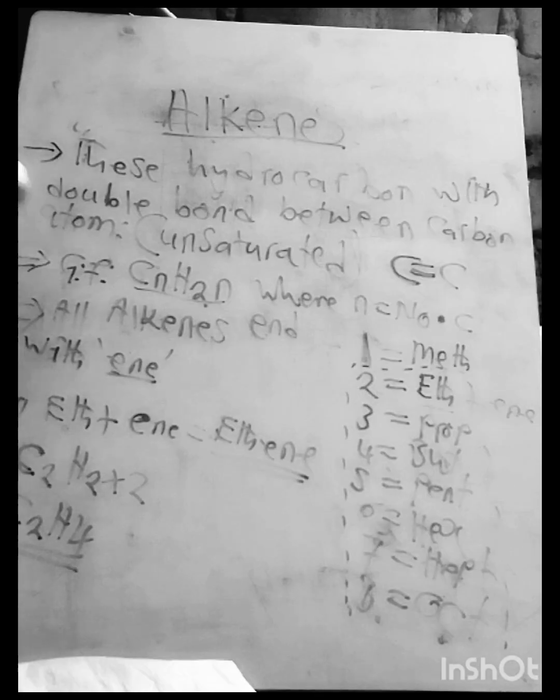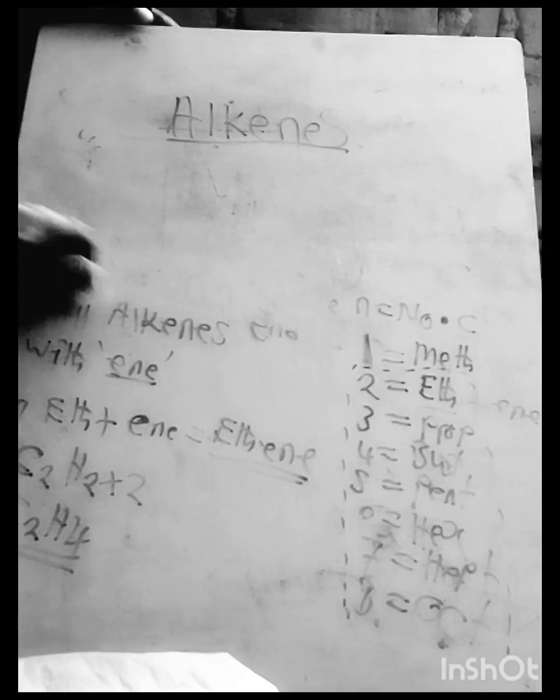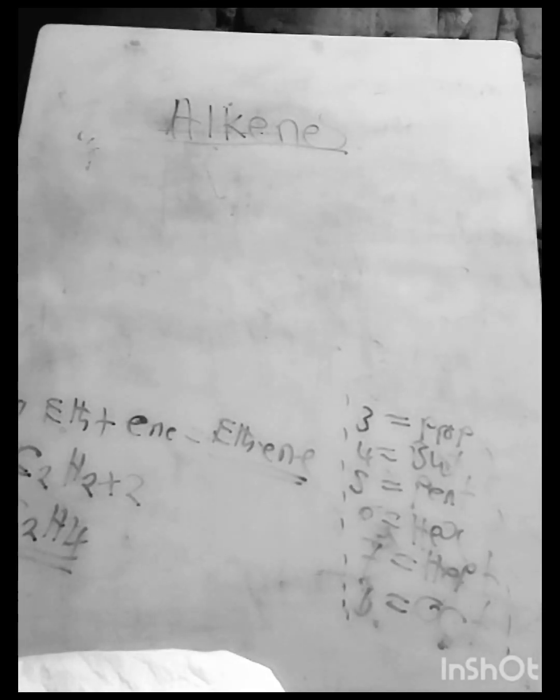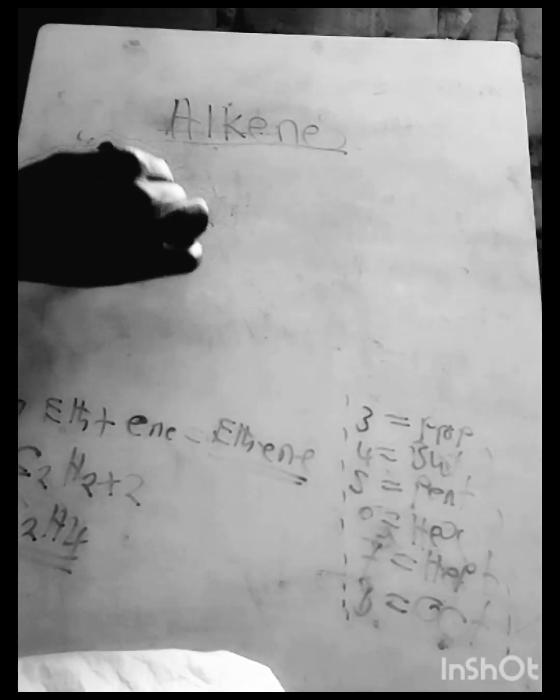Now, the other thing that we should know is how to write the structural formula, which is very simple. We have how many carbon atoms here? There are 2. So you put them in a long chain, 2 like that.